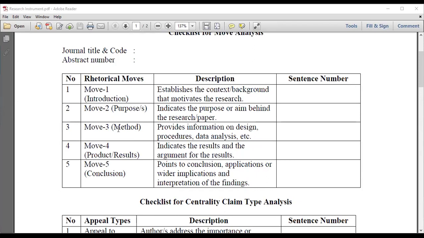Of course, not in the purpose, not in the method, or it can be found in move 4 and 5. I think move 5 is also very rare. So the possibility is only in move 1 and move 4. And most of the time, if it exists, it will be found in move 1.